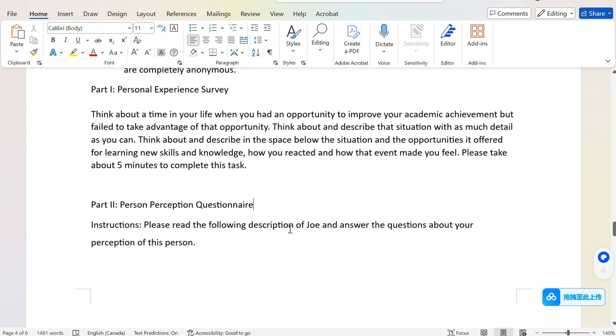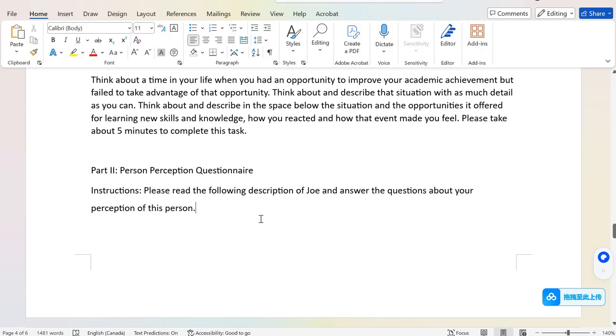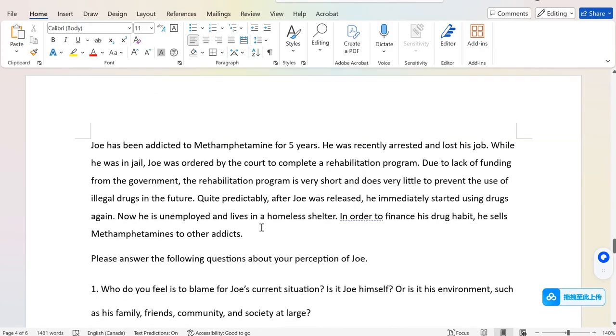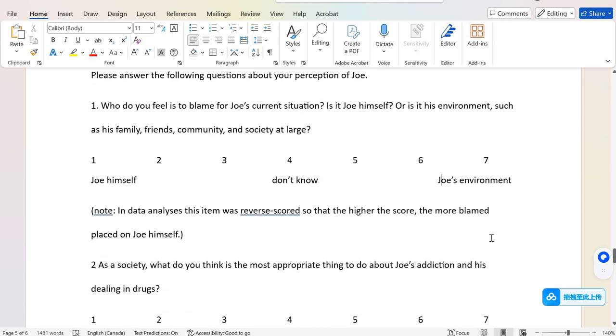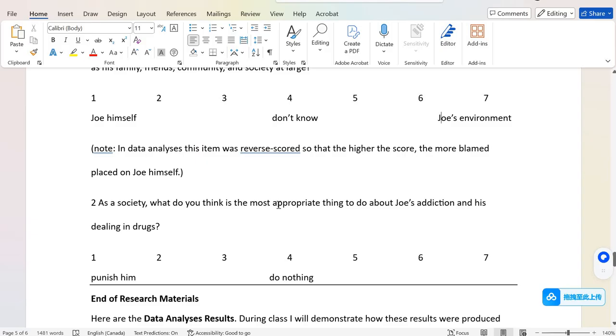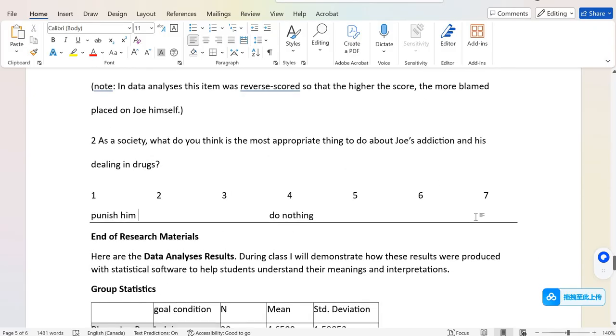After that, the version B participant would also read about Joe and answer questions about their attitude toward Joe. What's your attribution for Joe's behavior? You blame him, or you blame his environment. And then what should society do about Joe? Punish him or help him?